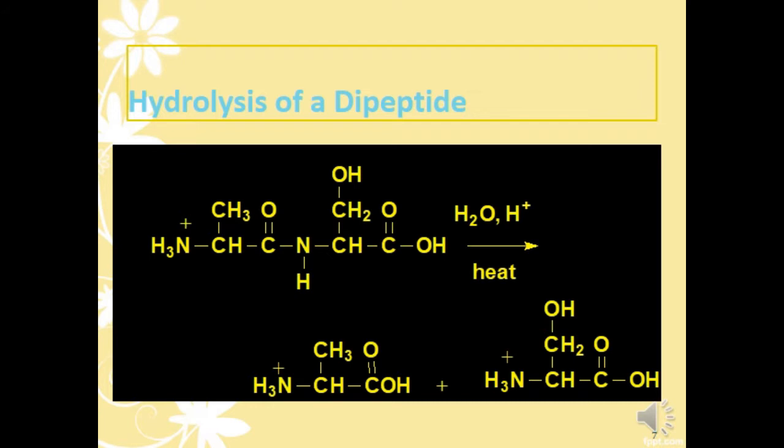So this is an example of hydrolysis of a dipeptide bond. A dipeptide bond means you have two amino acids joined with a peptide bond. You break the peptide bond either using acid or base in the presence of water and also heat. You break the peptide bond, giving the individual amino acids.